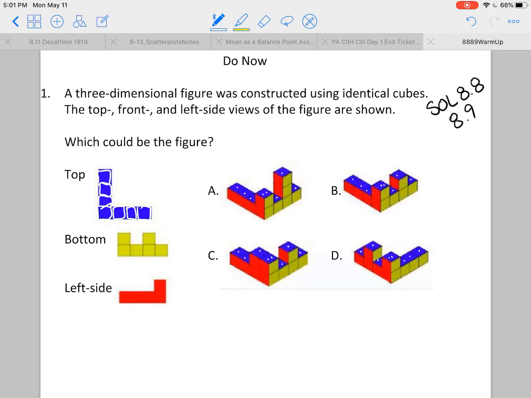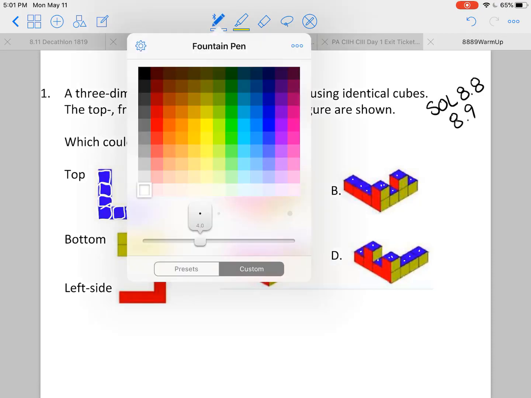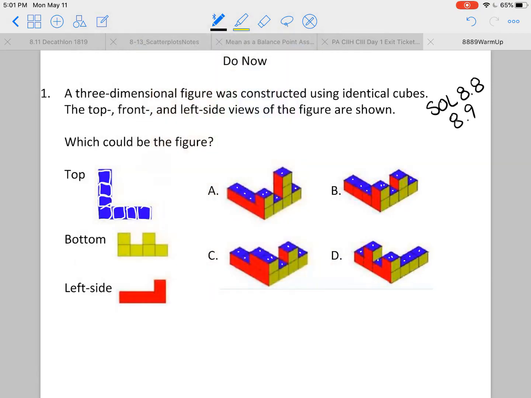So all four of these based on the top view could be the answer. It's important to note that in an example like C, just because all of the top view aren't on the same height, because we're looking at it from the top, they still count because we can see them from the top. So let's look at the bottom view, which is this yellow color.